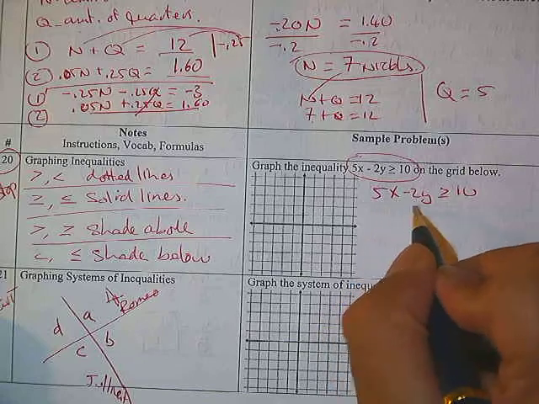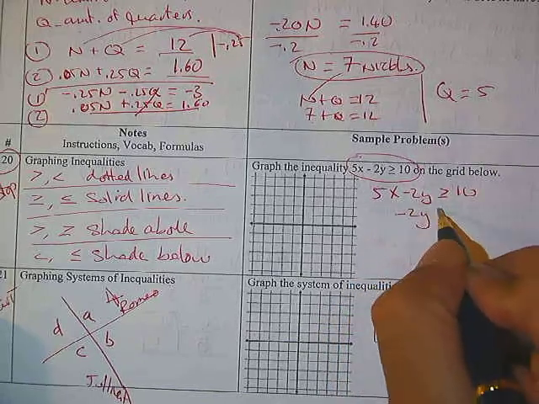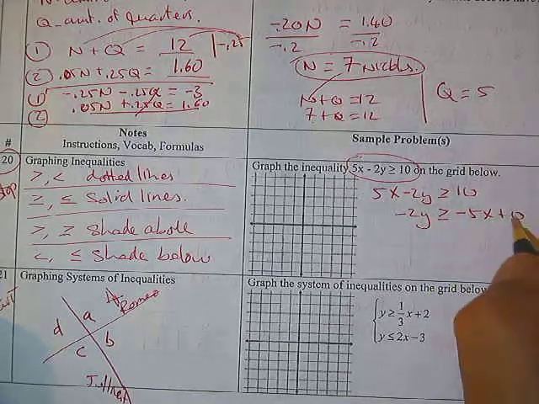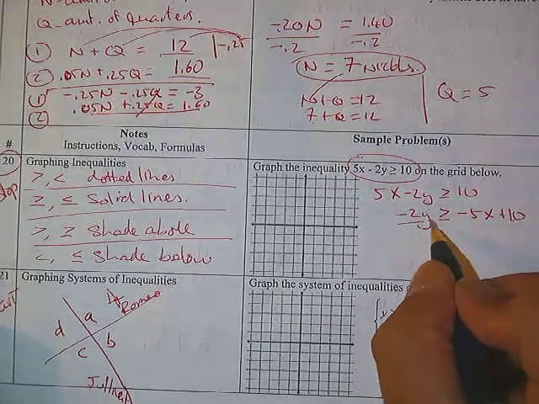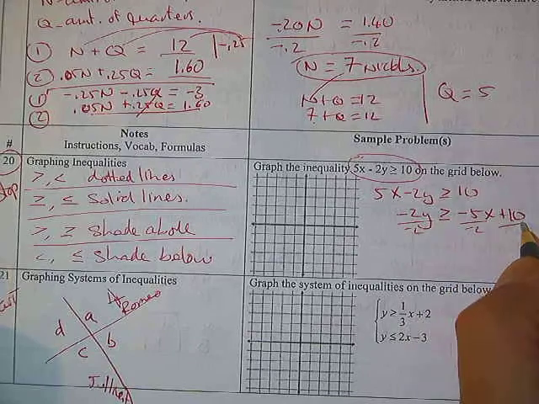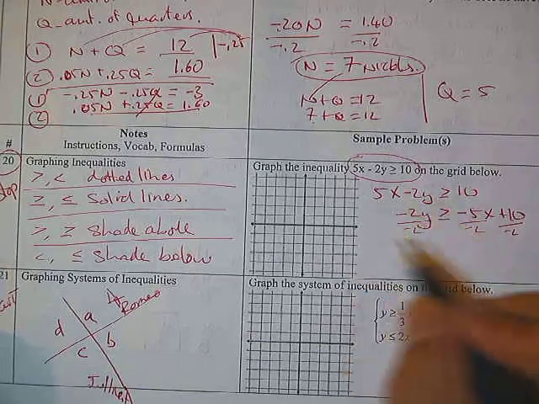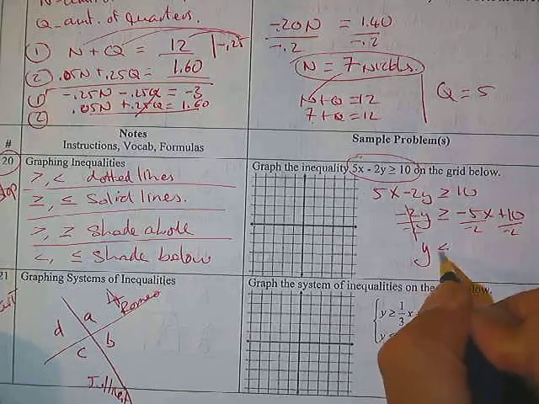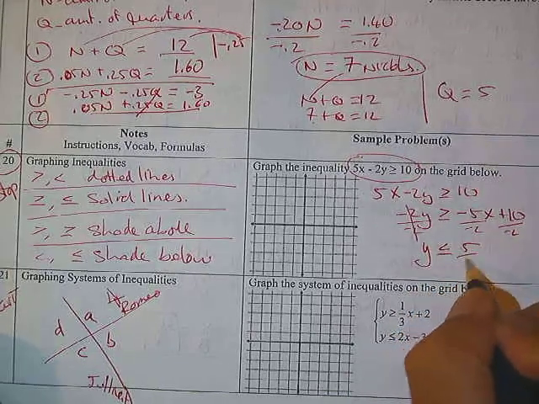Alright, let's do one more and then we'll take a little break. So number 20. We're going to graph an inequality. This is written in standard form, and to graph it, I really should put it in slope-intercept form. That means I have to get the y by itself.